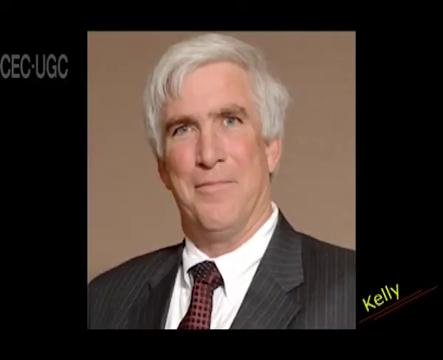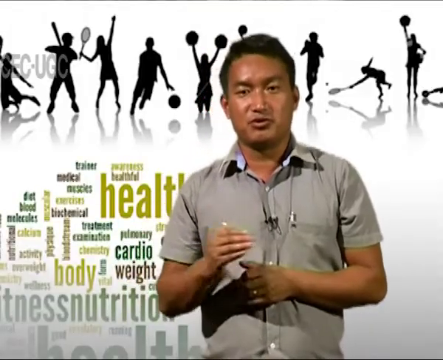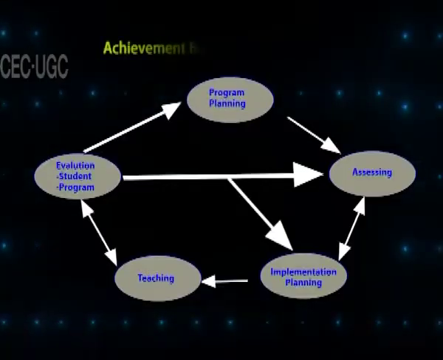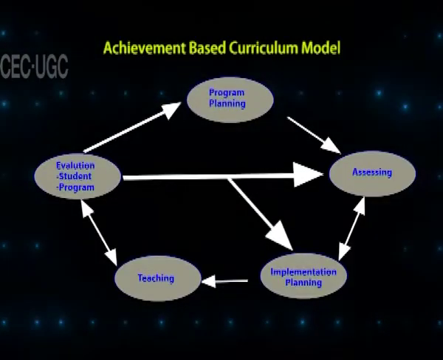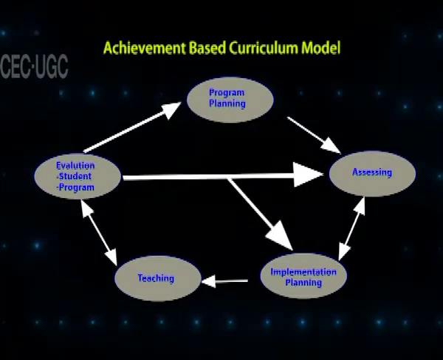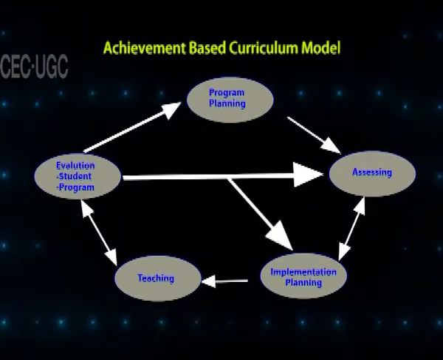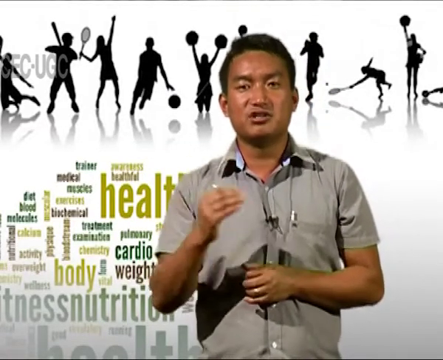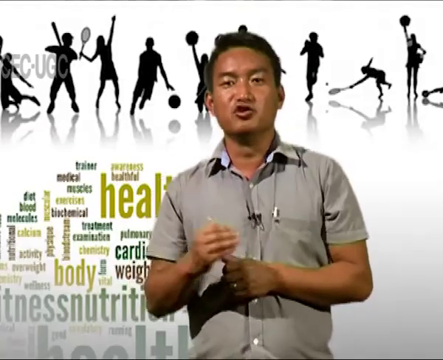Wessel and Kelly also support the data-based physical education process. These two authors have proposed an achievement-based curriculum, that is ABC, model for designing an entire physical education program that systematizes the concepts and steps necessary to implement individual programs.